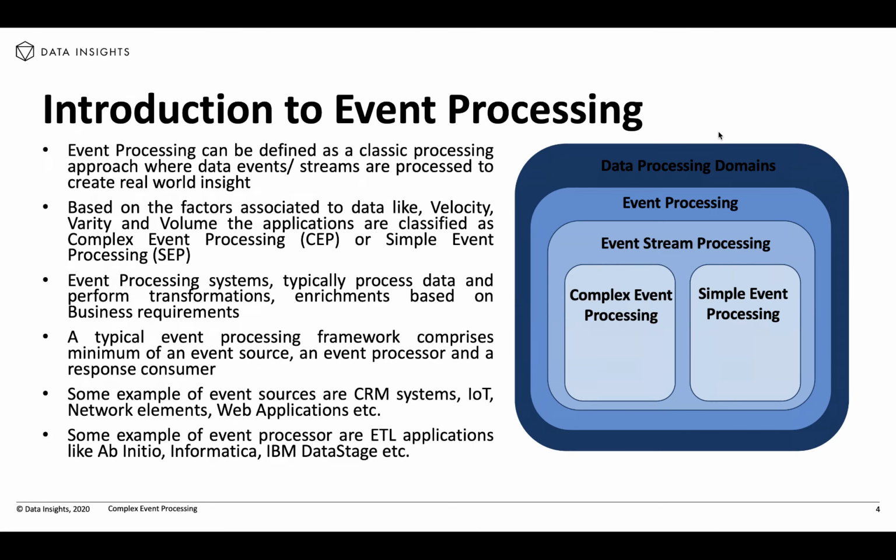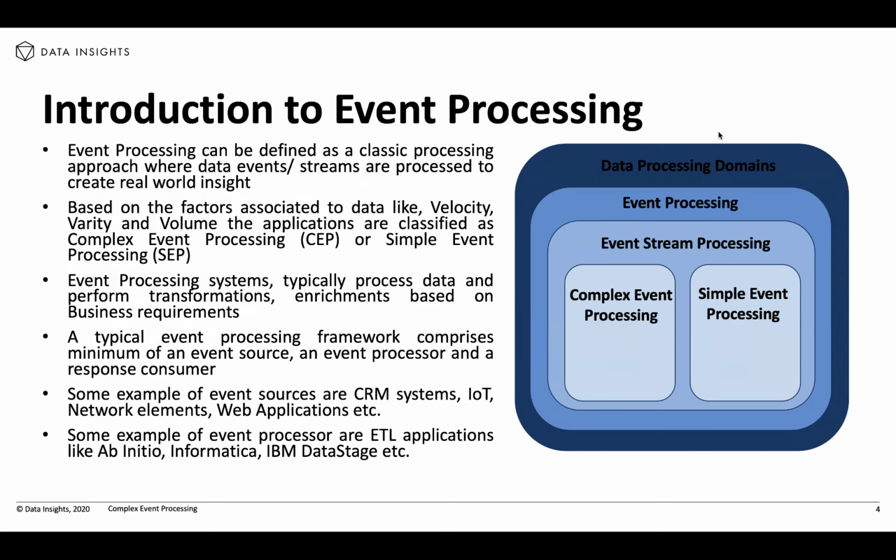You have one event processing engine, which is processing the data to extract valuable insight out of it. And then you have your response consumers. Like, what do you do when the data is processed? Is it a target analytical system, or a data store, a data lake, or a real-time decision-making system? These factors are the basic components of a complex event processing system.